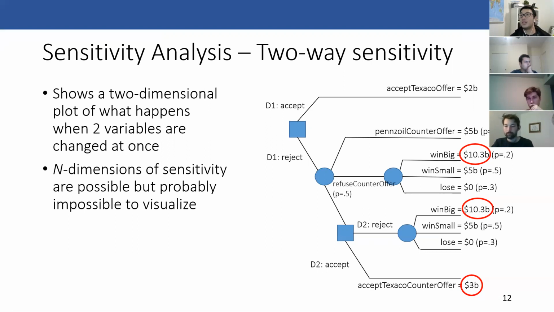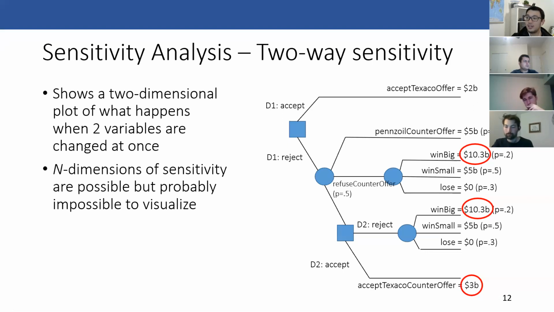And so usually when you're doing this sort of sensitivity analysis for specific variables, you're not typically going to go beyond two-way sensitivities, and that's mainly because of the drawback for visualization.